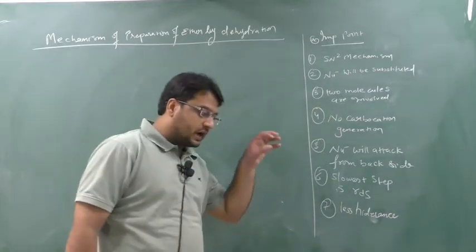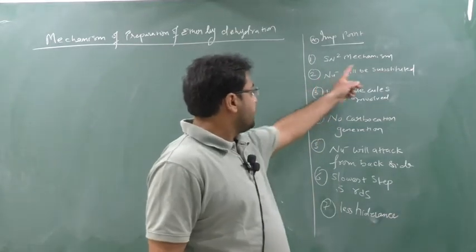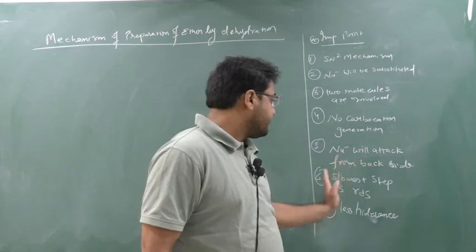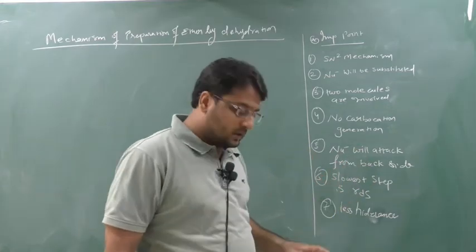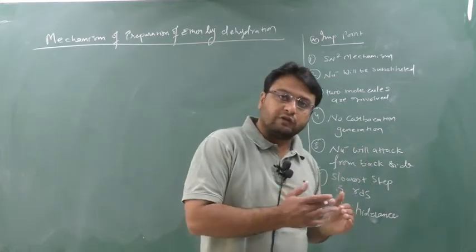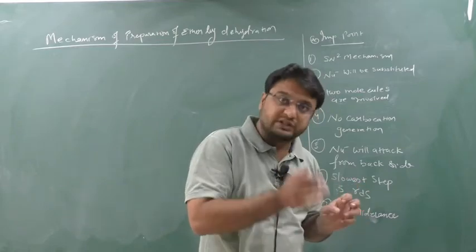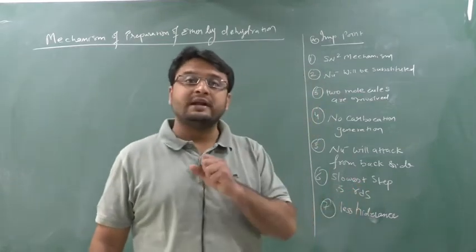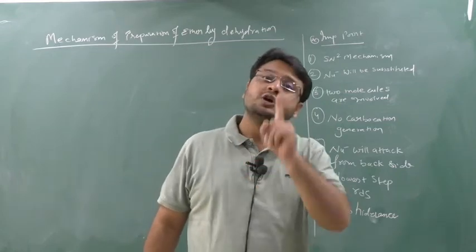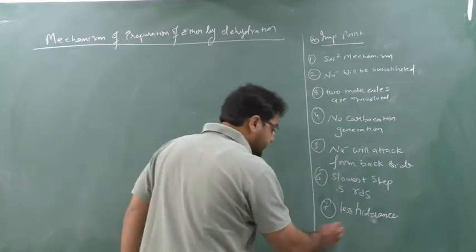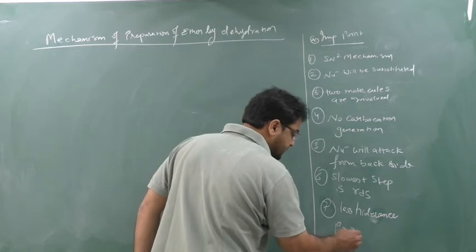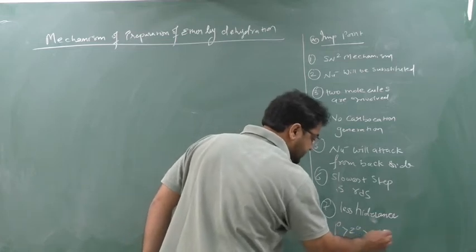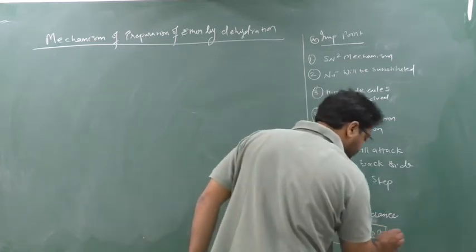The nucleophile will attack from the backside, so the molecule which is attacked should be less hindered. And which will be less hindered? 1 degree, 2 degree, 3 degree. So 1 degree will be less hindered, means 1 degree will form ether easily, then 2 degree, then 3 degree. This is nothing but your formation of ether.